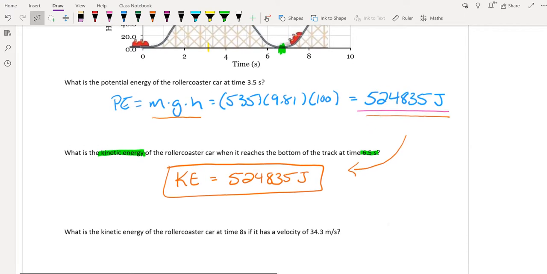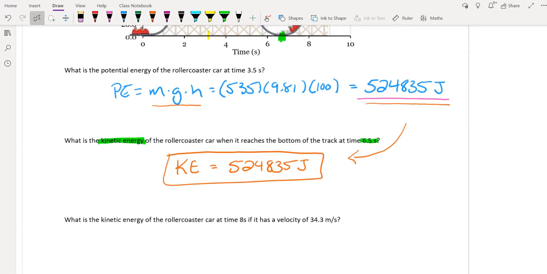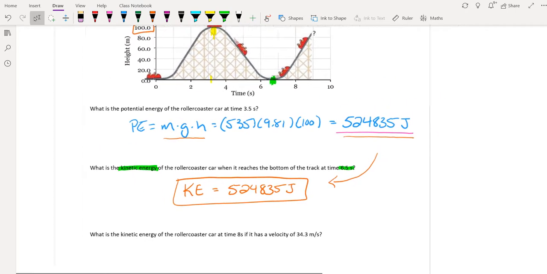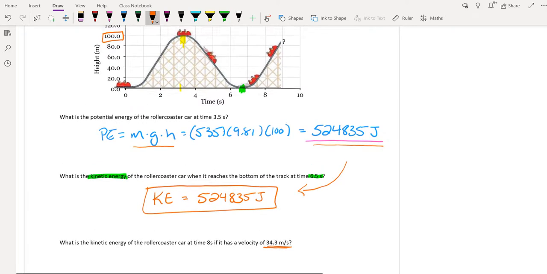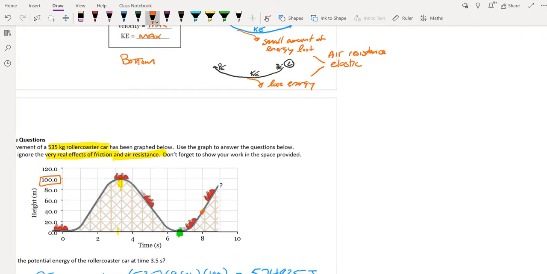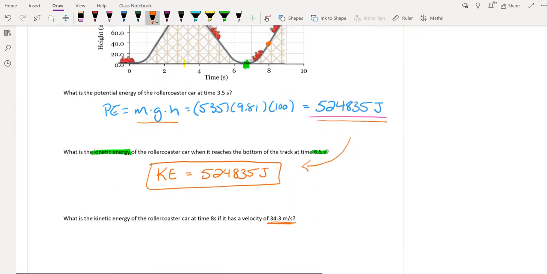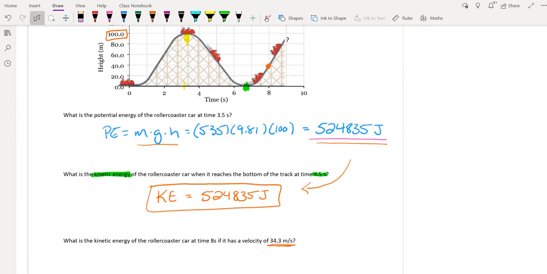In the next question, we're asked to find what is the kinetic energy of the roller coaster at 8 seconds if the velocity is at 34.3 meters per second. So around here, what is the kinetic energy?